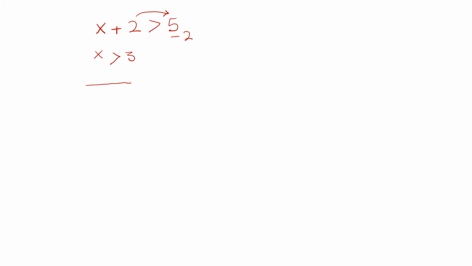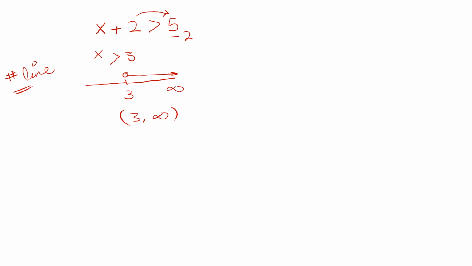If they ask you to show it on a number line, you will write the 3. Greater than means this side, here infinity, and only a greater sign, so you will use the hollow point. If they ask you to represent this by interval notation, you will write 3 comma infinity, with small brackets on both sides.